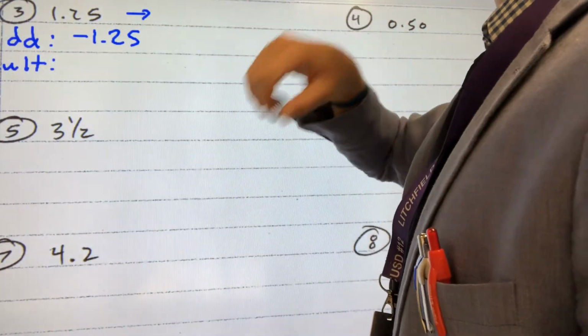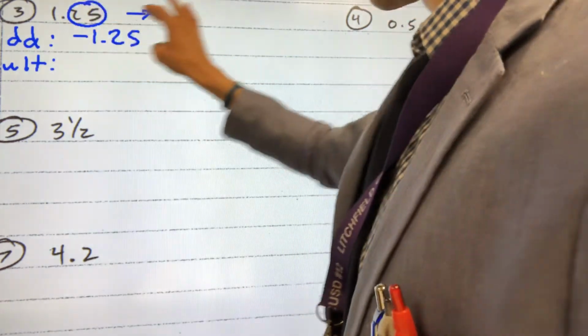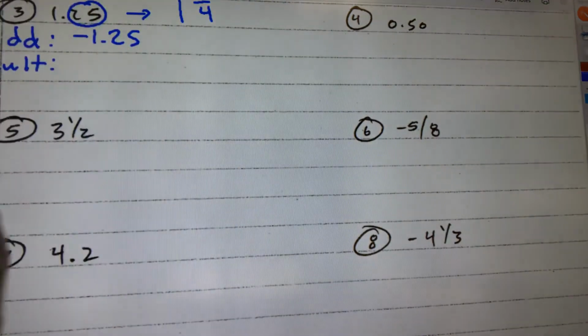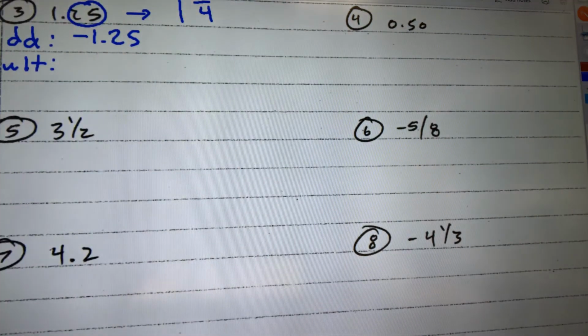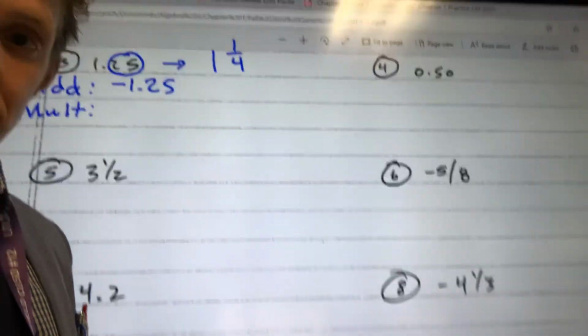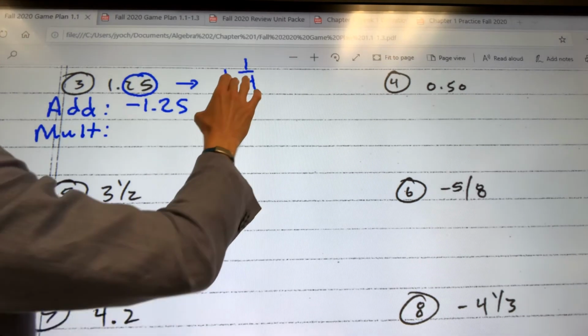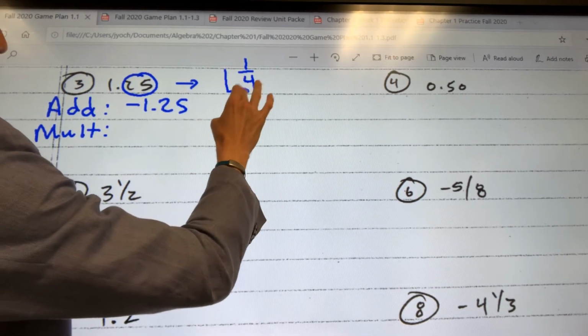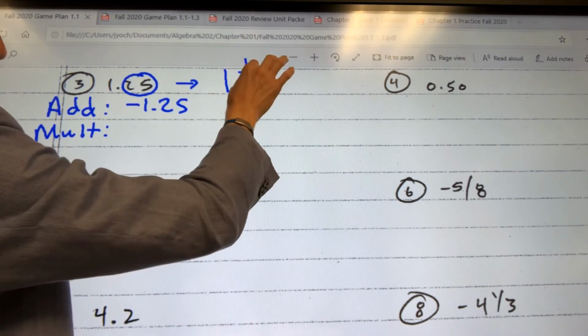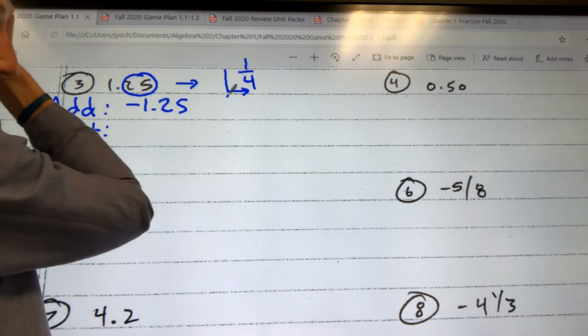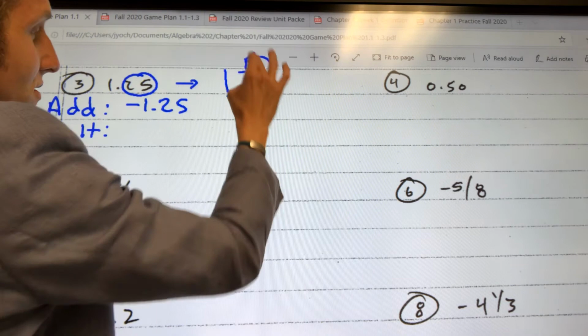First off, a quarter, we're going to rewrite that. That's a fourth, okay? But we're going to need to write this as an improper fraction. I think you learned some sort of snowball method. How am I going to write this as an improper fraction? I do 1 times 4, the whole part times the denominator, which is 4, then I add it to the numerator.